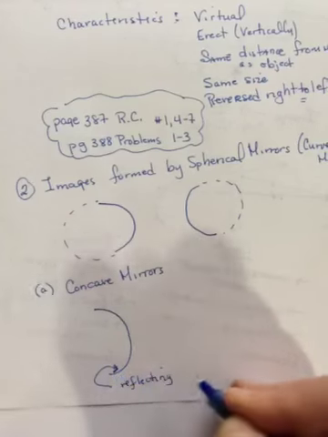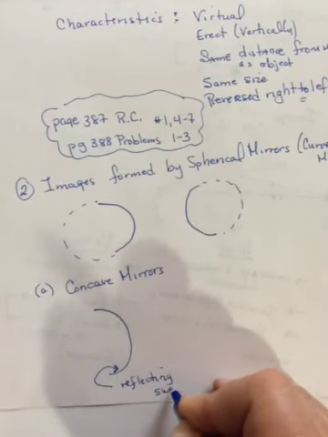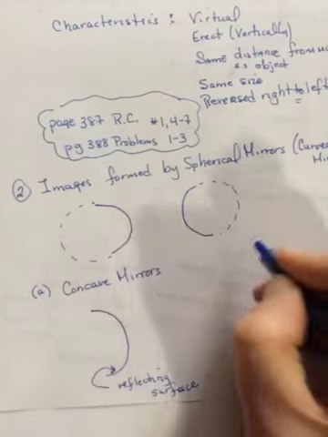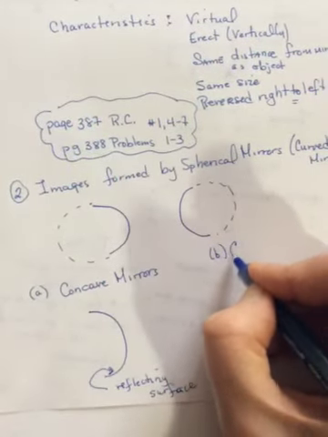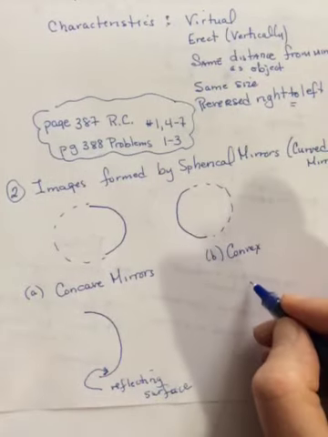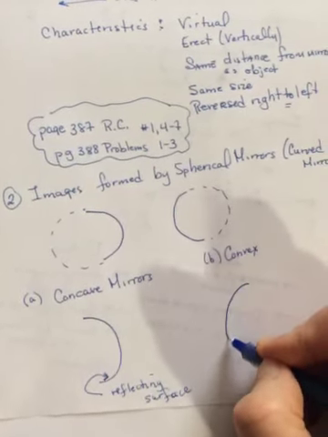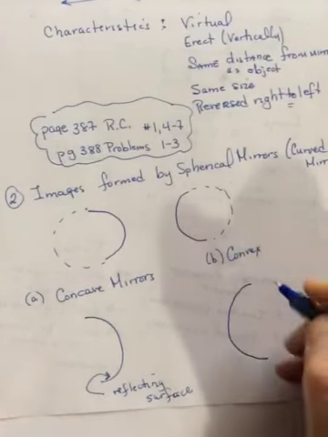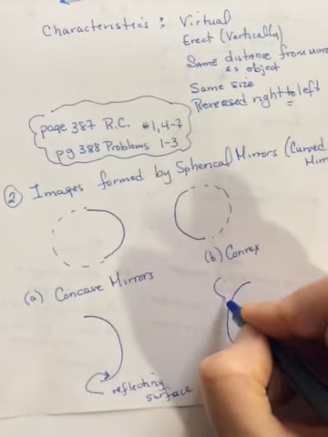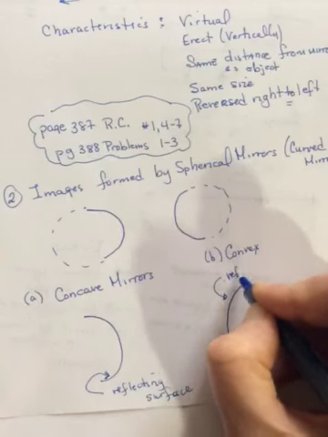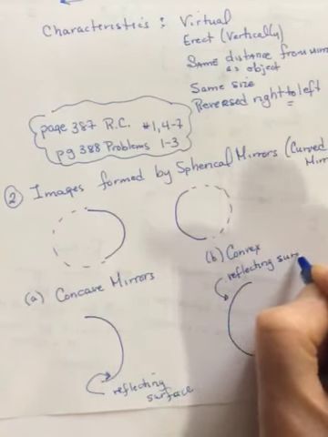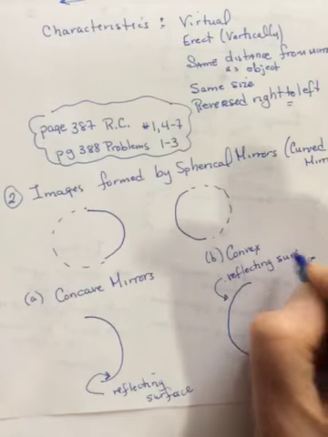It caves in. The second type is called convex. And for a convex mirror, the reflecting surface curves outward from the edges. So this part is the reflecting surface of a convex mirror.